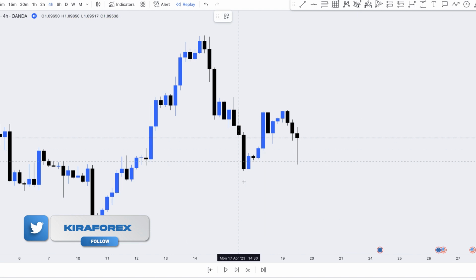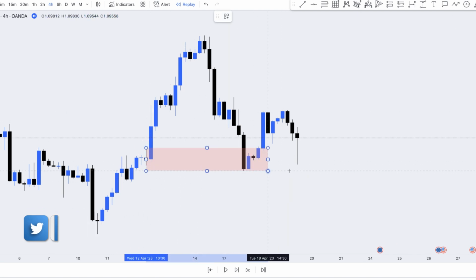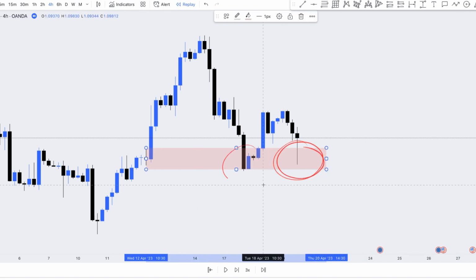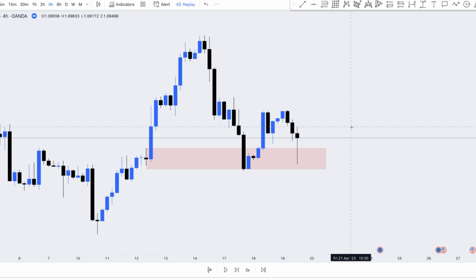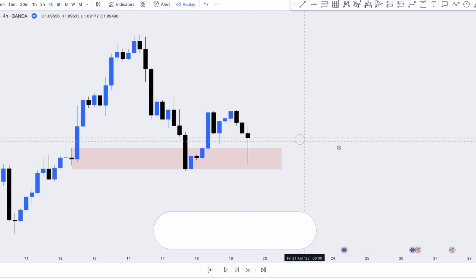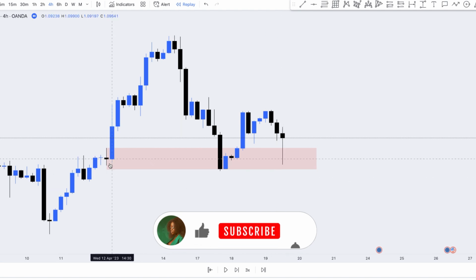On this chart, you can see that we have our resistance level here, and we have our support level here. On this support level we have this current rejection, this pin bar. You can see this is a support level, this is a key level.